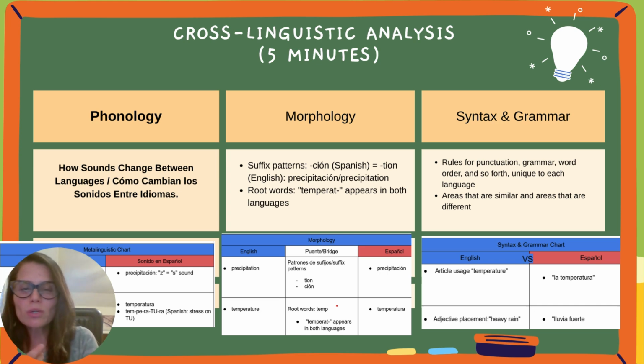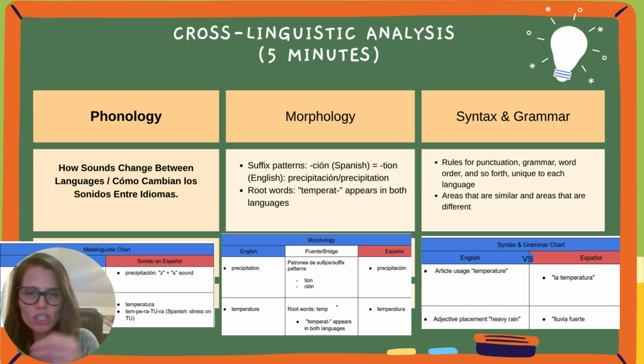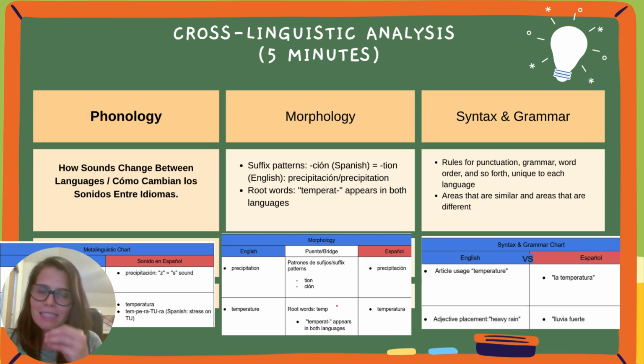Using the word precipitation, in English we say precipitation, and it's kind of like this sound, a little bit of buzzing sound, and in Spanish we say precipitación. We don't use this, we use an s, okay? It's the S, not the z. It's a different sound.